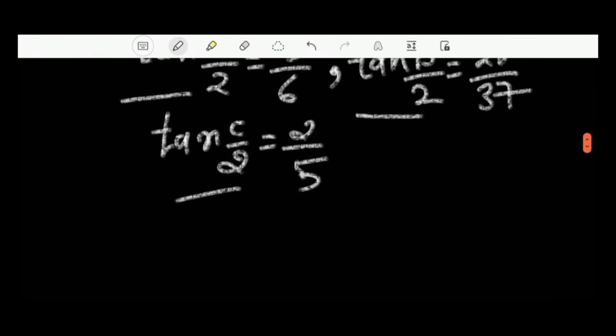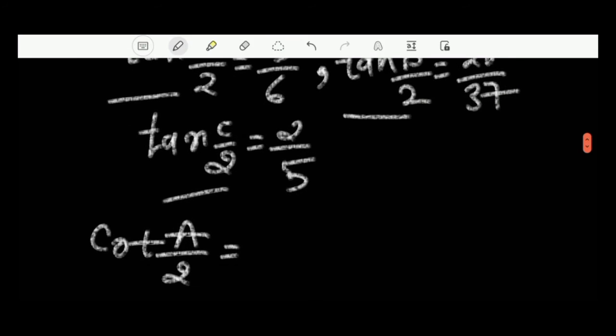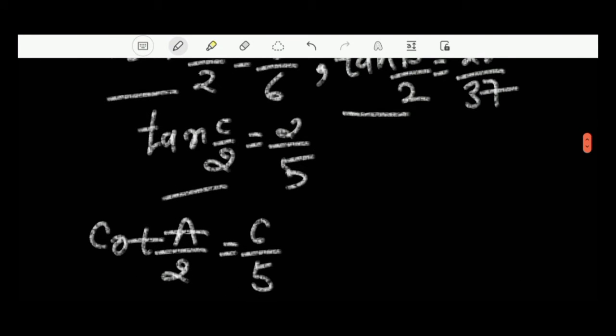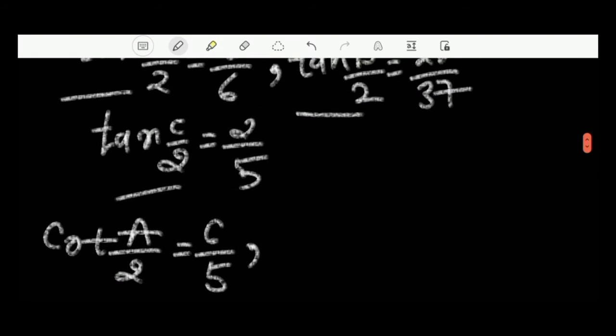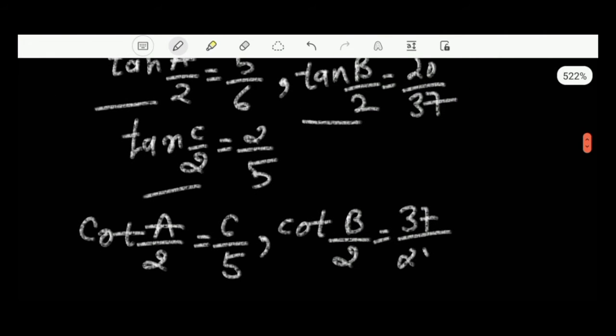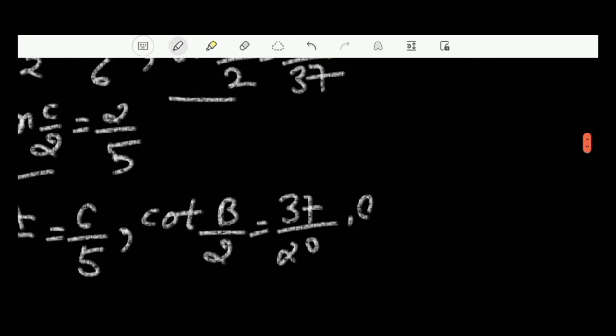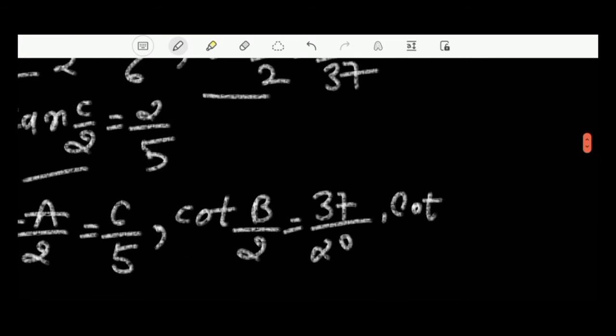So what we can say that cot of a by 2 is equal to 6 by 5. Similarly, cot of b by 2 is 37 by 20, and cot of c by 2 is 5 by 2.